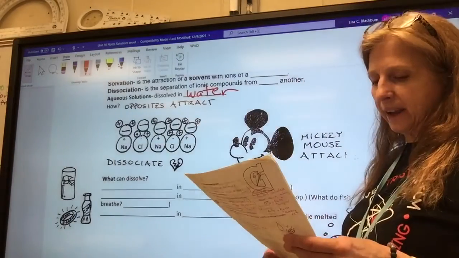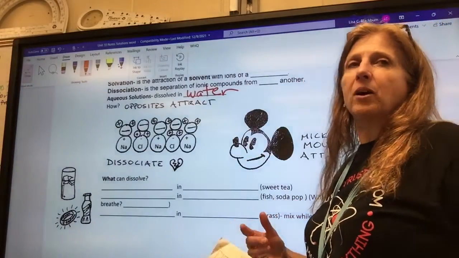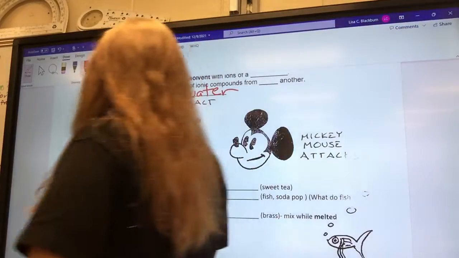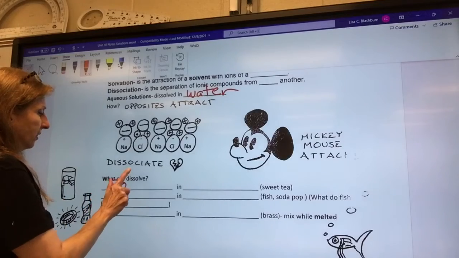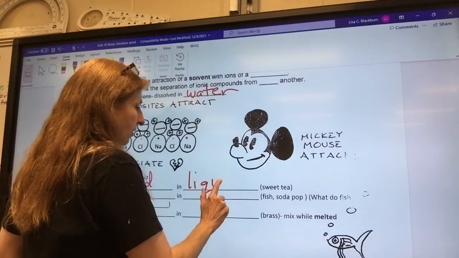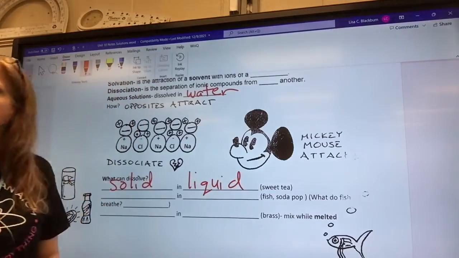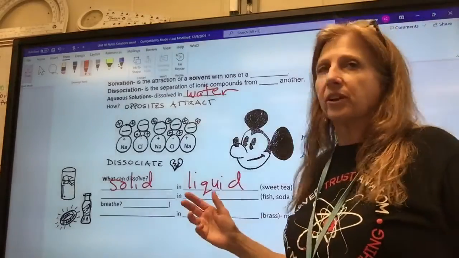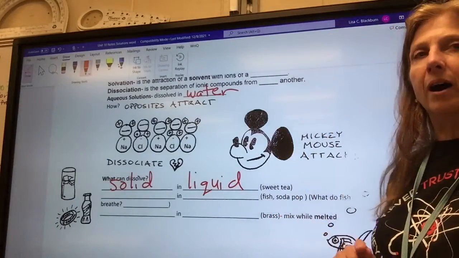Okay, now what can dissolve? When I'm talking about Kool-Aid dissolving in water, that is a solid dissolving in a liquid. So this would be like sweet tea. You put sugar in tea, you got sweet tea. What else can dissolve? What about soda pop?